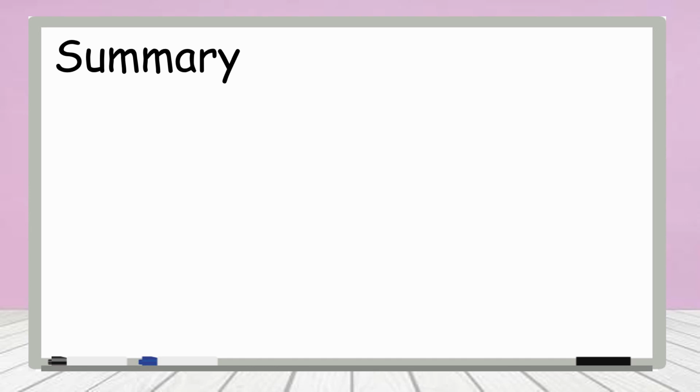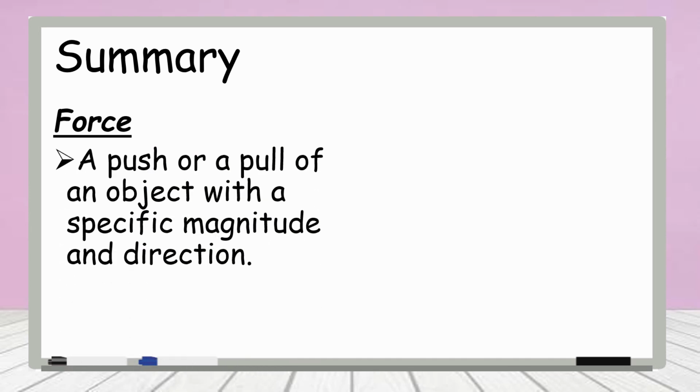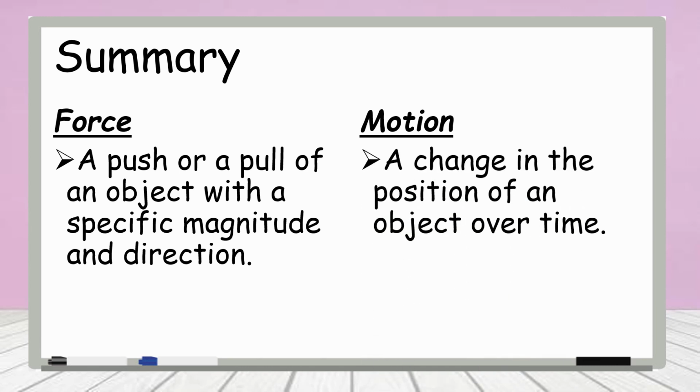So, to summarize, force is a push or a pull, pagtulak at paghila ng isang object. Ang motion naman is a change in the position of an object over time. So, ang motion ay ang pagbabago ng posisyon ng isang object papunta sa kanyang paroroonan.